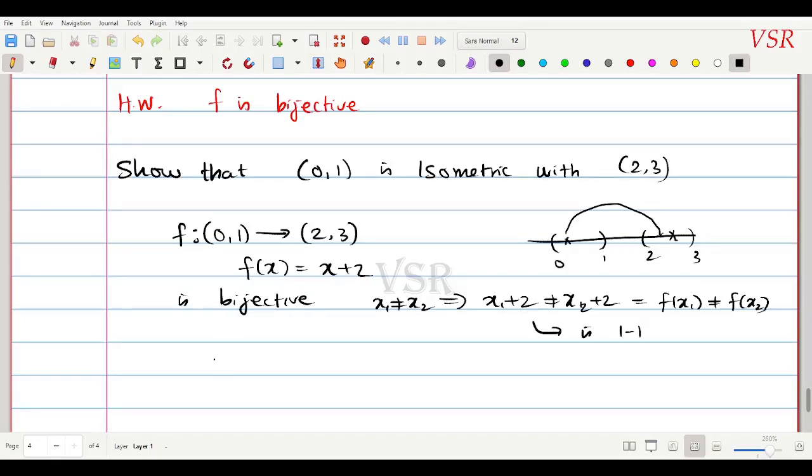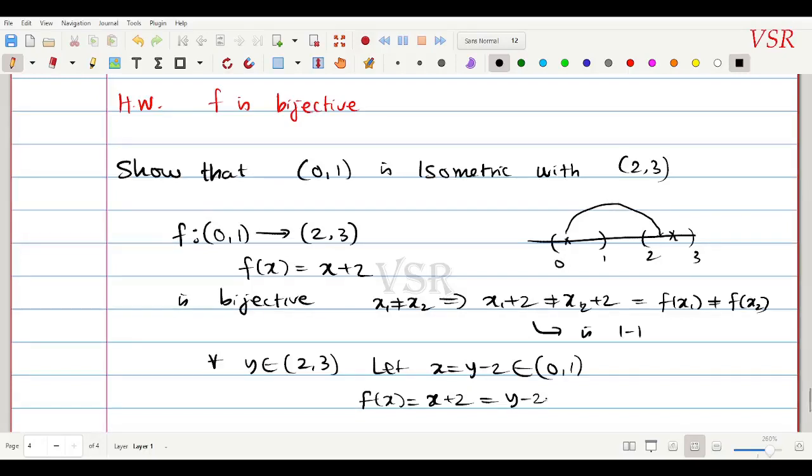How will you prove onto? For every y belonging to (2,3), let x equal y minus 2. This belongs to (0,1). And f of x equals x plus 2, that is y minus 2 plus 2, which equals y. Therefore f is onto.